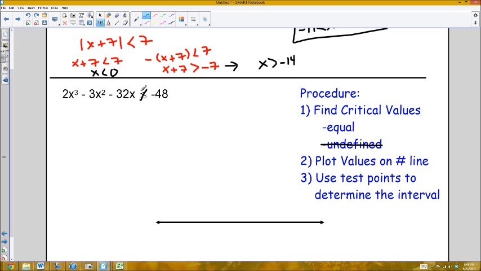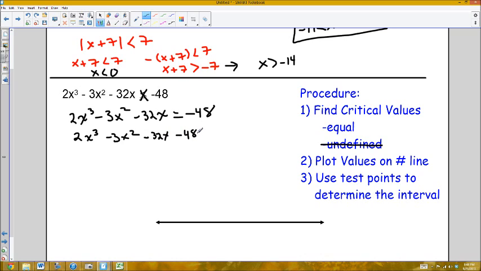So rather than considering the inequality, I'm going to consider when 2x cubed minus 3x squared minus 32x is equal to negative 48. Well, to do that, I need to bring the 48 over and solve this equation: 2x cubed minus 3x squared minus 32x minus 48 equals 0. Factor by grouping.